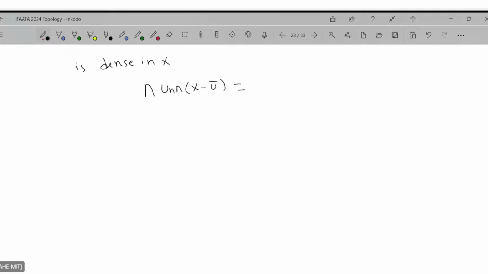So can we say that the intersection of Un will be dense in U?